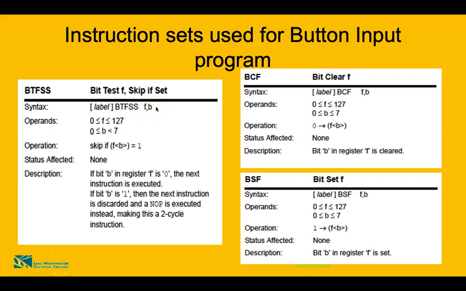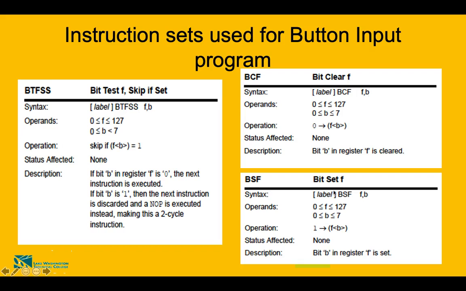All right, and this is BCF, which is bit clear F, and this is the syntax for that. F is again the file register. B will tell you which bit you want to clear. So bit B in register F is cleared. If you assign a particular bit, then that bit will be cleared.